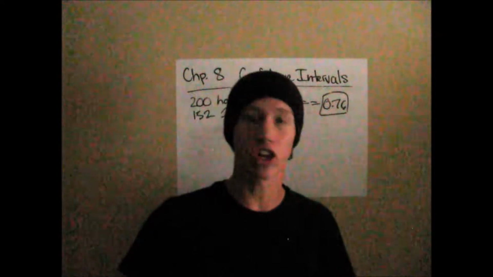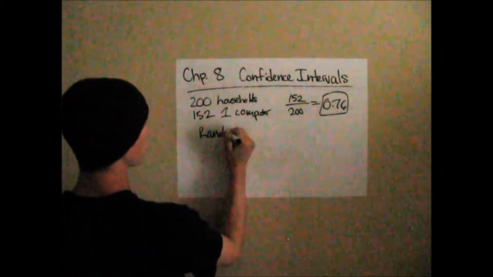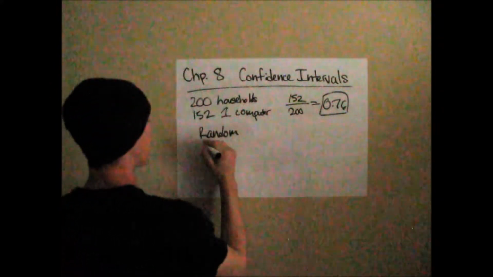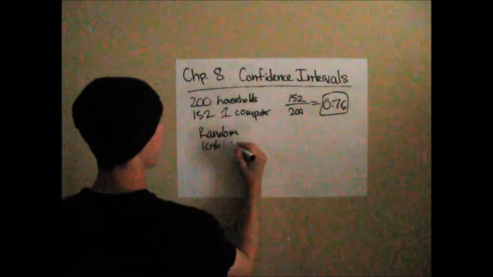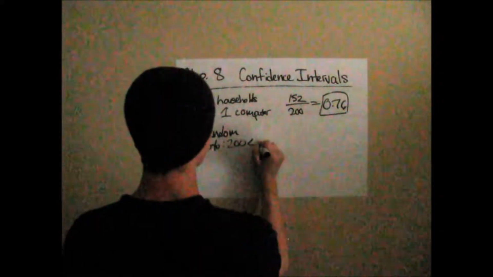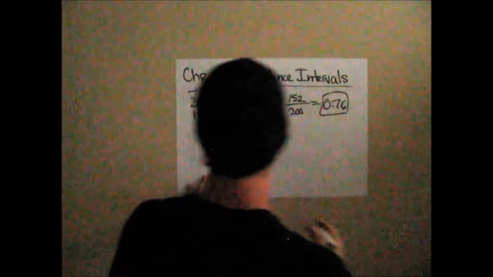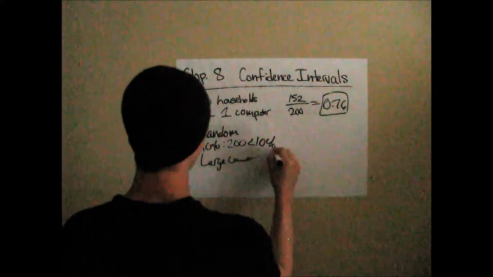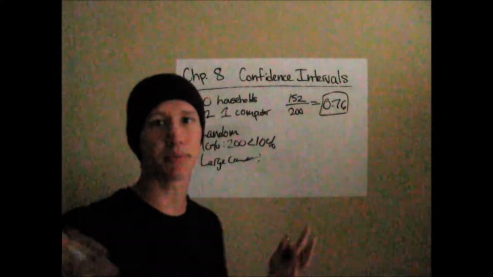And now we must check our conditions. For the sake of the example, we're going to assume it's a random sample. For our 10% rule, we're going to say the 200 households is less than 10% of all the households in the area. And then for our large counts, we have n times p times q.